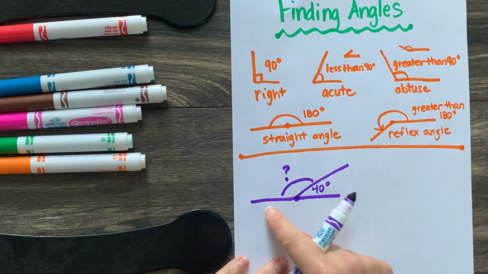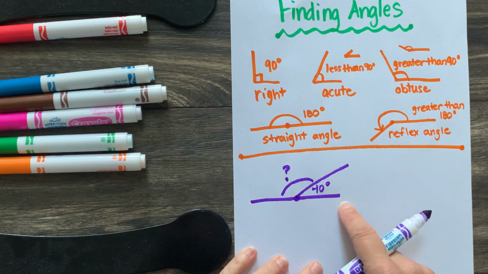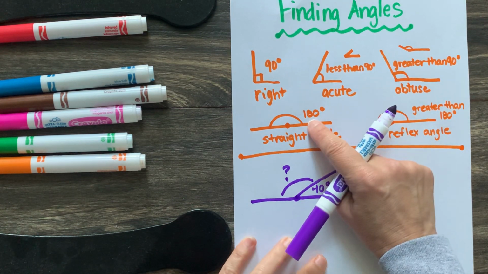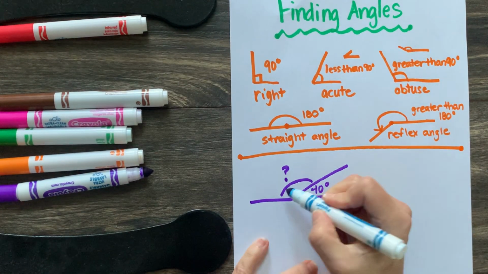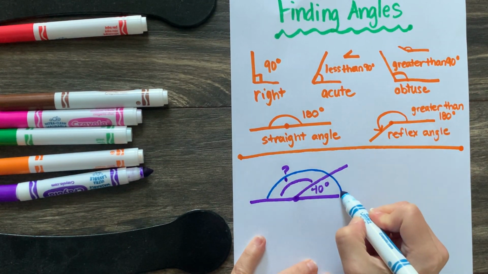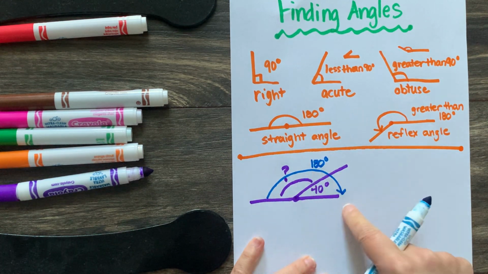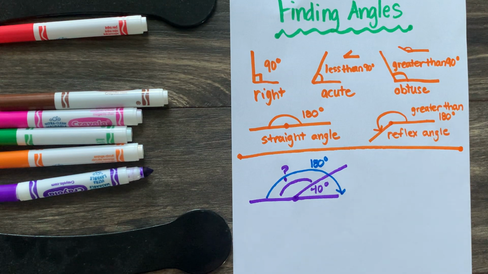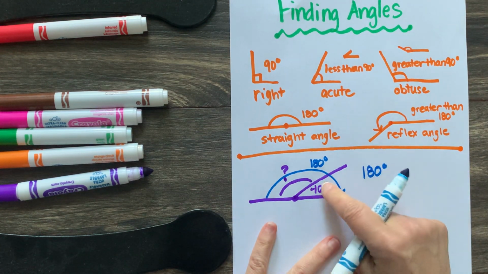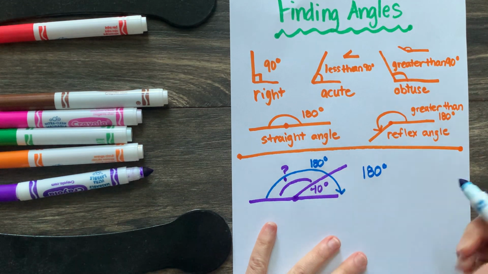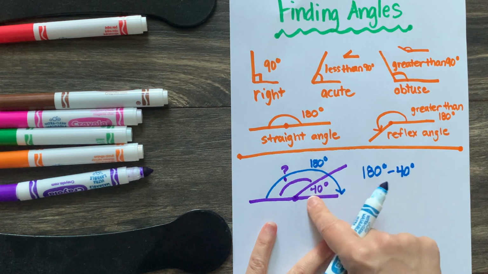Well, I know that based on my information here, this is a straight angle, and I know that a straight angle is 180 degrees. So I know the whole thing is 180. If I know the whole thing is 180 degrees, and I know that part of it is 40, I'm going to take away that 40 degrees because I don't need it.